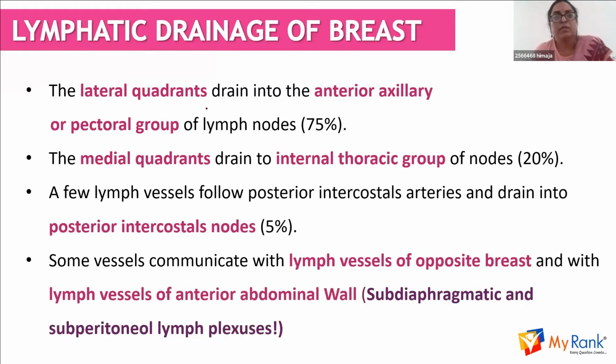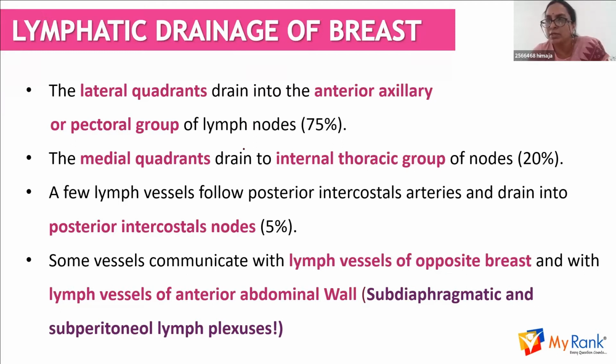The lateral quadrants drain into the anterior axillary nodes. Seventy-five percent of the breast tissue, the main mass of the breast, is in the upper outer quadrant. That is the major bulk of the breast, and it drains into the axillary group of lymph nodes.